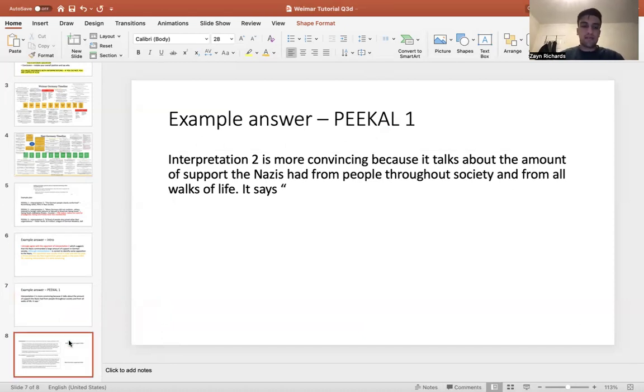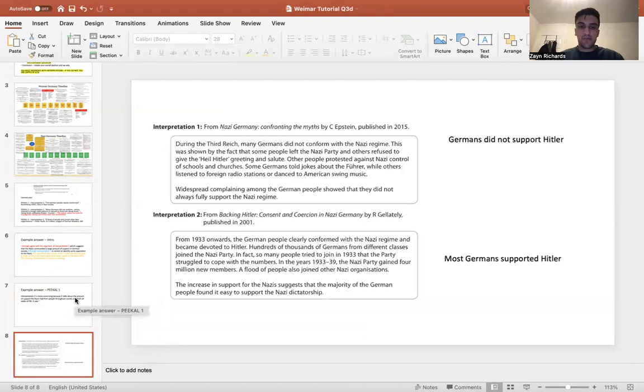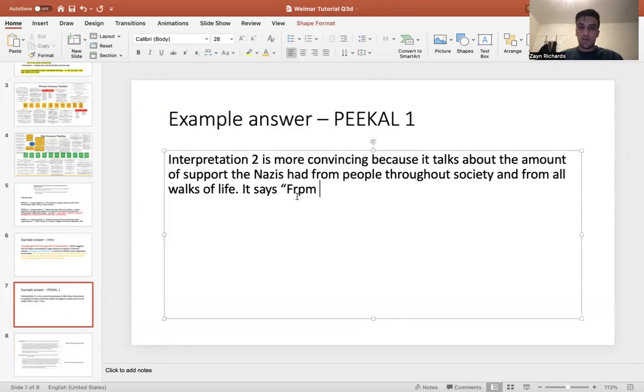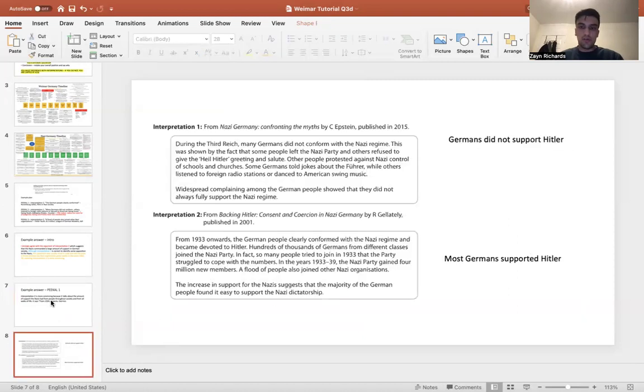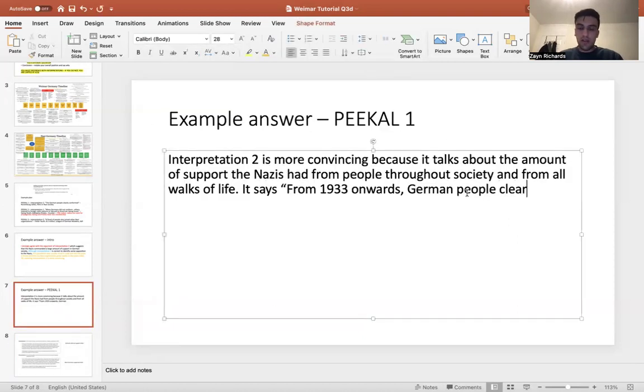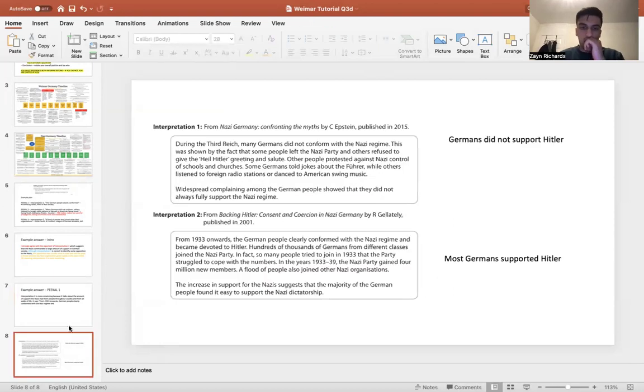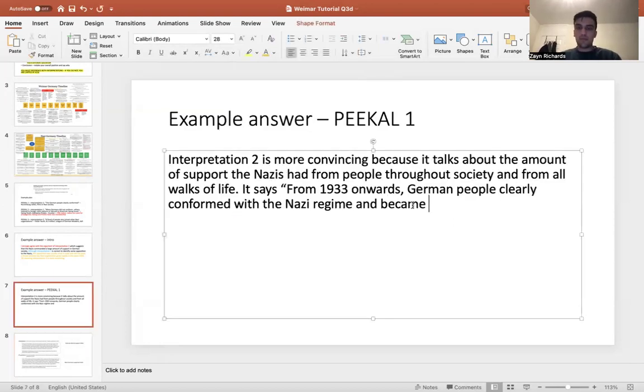So I'll say it says, from 1933 onwards, German people clearly conformed with the Nazi regime and became devoted to Hitler.